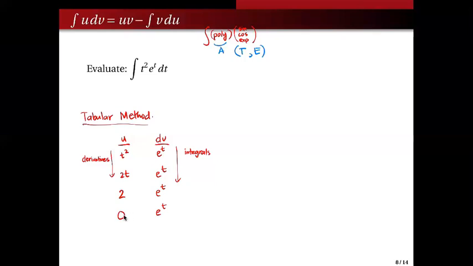But actually, this is not the partner of 0. Okay? In essence, why? When you have this, you put this alignment. From the derivative, you align it with the integral one step lower. So from t, one step lower integral, e to the t.